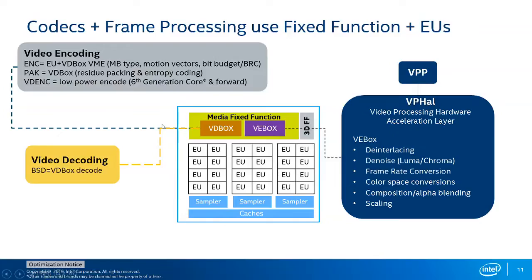So by keeping everything on the fixed function, you can either use less power or leave those EUs open for other processing. That other processing could be things like frame processing for filters, that kind of thing, to improve quality, or it could be other tasks like computer vision type algorithms.